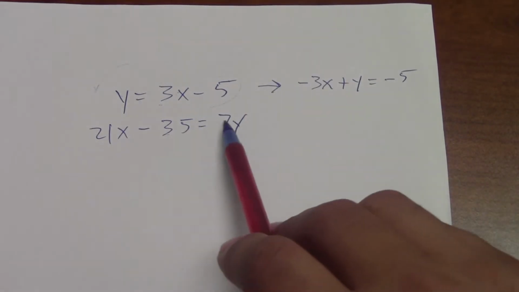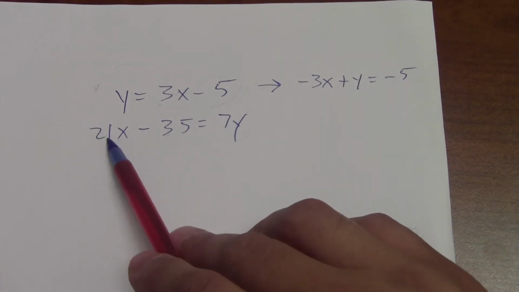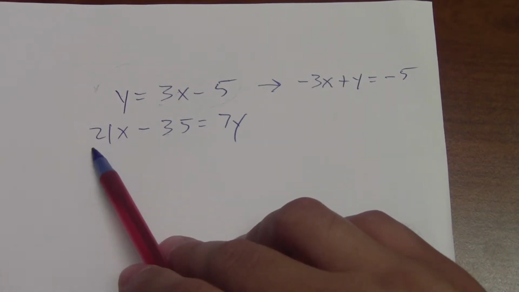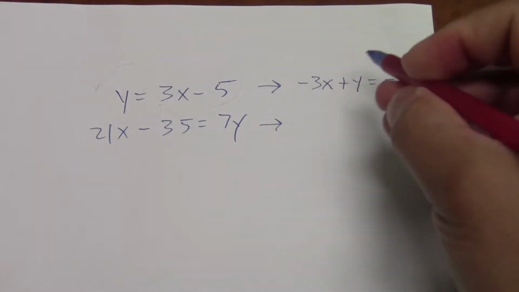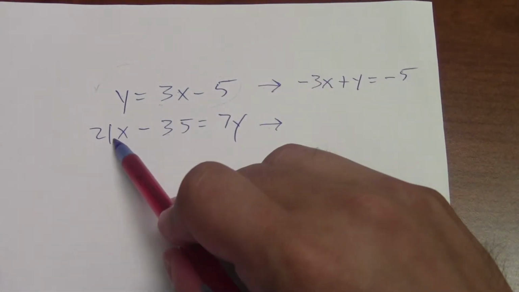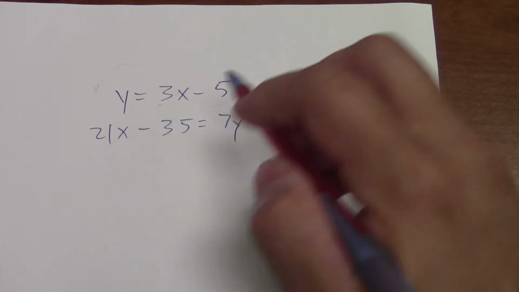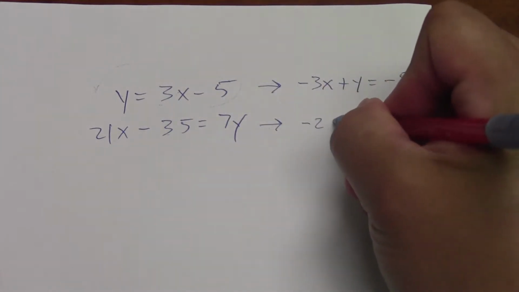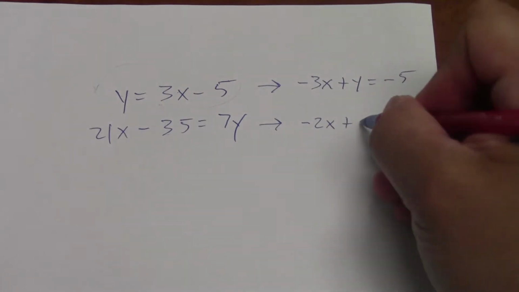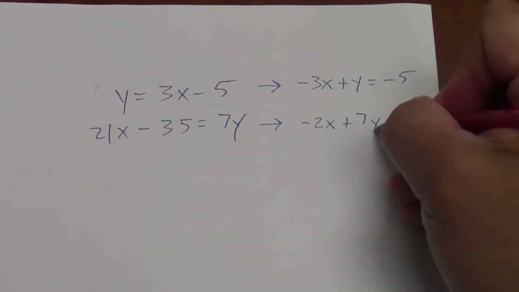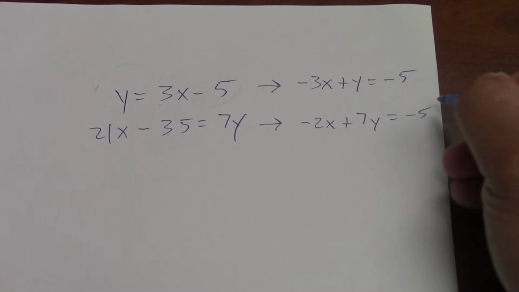So what I would do on this one is take this 21x again, subtract it out, and throw it onto this side. So if I'm subtracting 21x on this side, it would be minus 21x. And then I'd have a positive 7y equals minus 35.